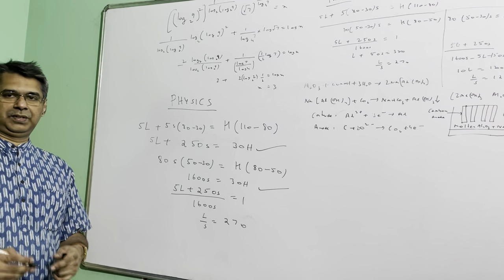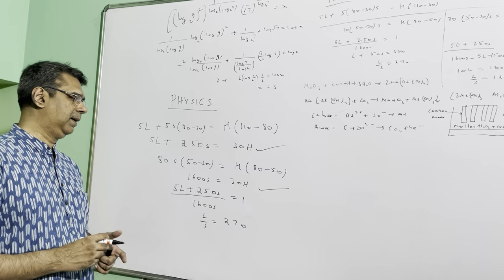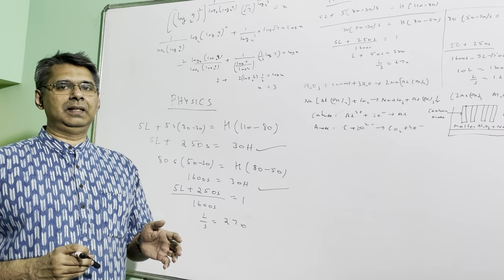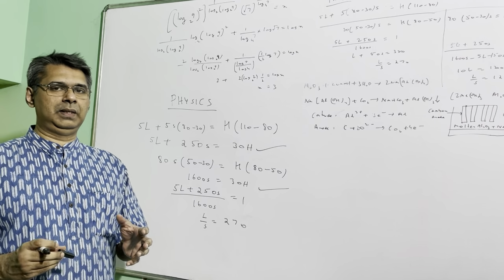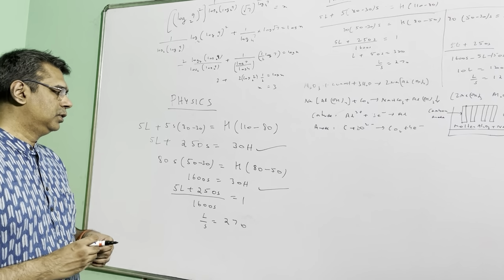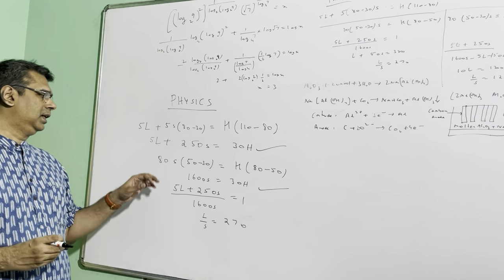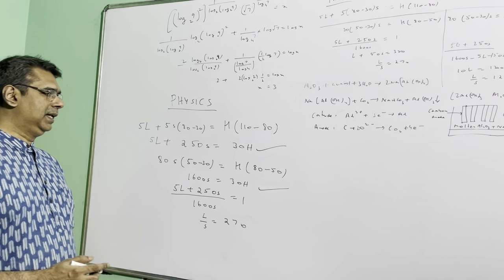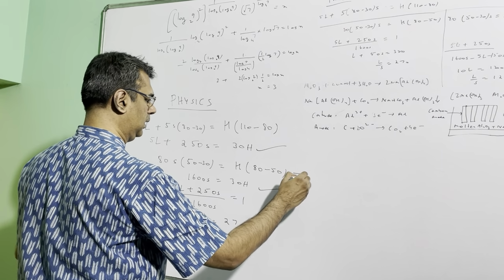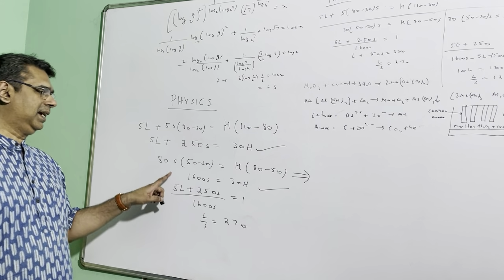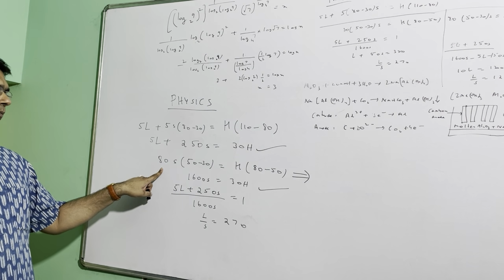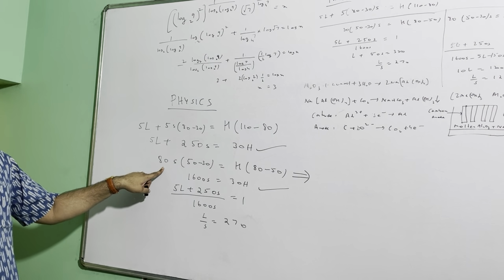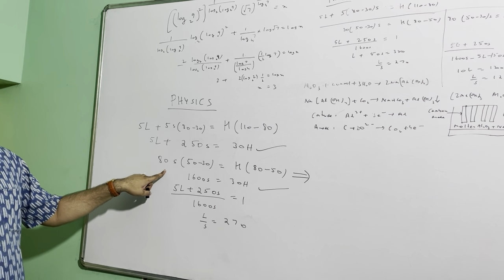Now there's a very interesting twist in the tale. What is that? In this question, it is not stated whether the calorimeter is closed. If the calorimeter is closed, then the vapor form of the liquid will not be allowed to escape. In that case, what will happen? This second equation, which I have written, will be different from what is written over here.